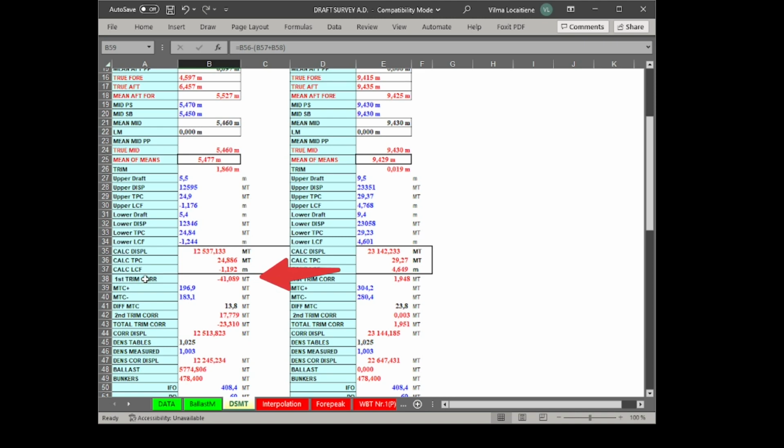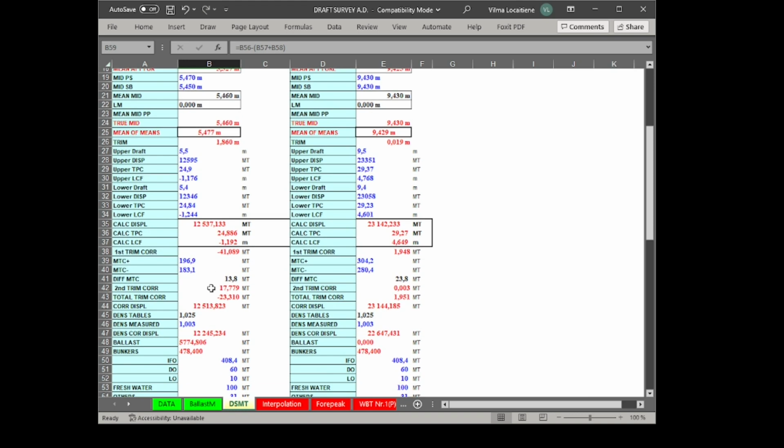There are two corrections, first trim correction and second trim correction. It depends on the trim and on the distortions, on the bending, sagging or hogging. And there you can see that the third correction depends on outer water salinity, density.